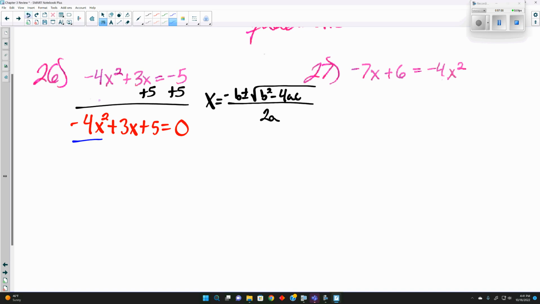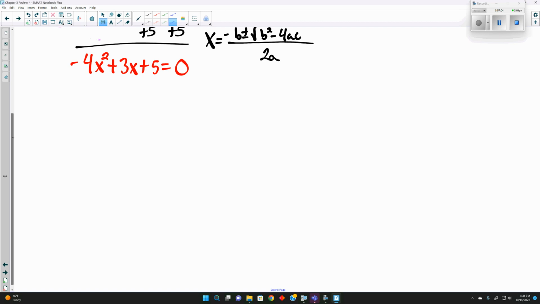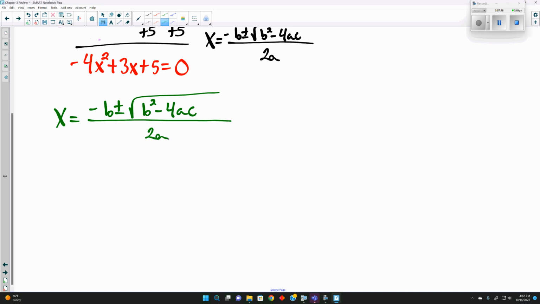Now, I'm going to go through once and show you what happens if we leave it as negative. I will also go back through again and show you what happens when we leave it as positive. So we have negative b plus or minus the square root of b squared minus 4ac all over 2a. And again, this is referring back to ax squared plus bx plus c.